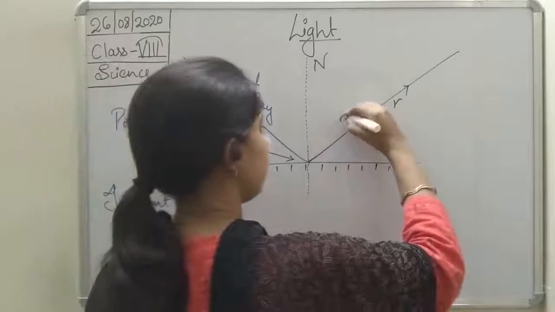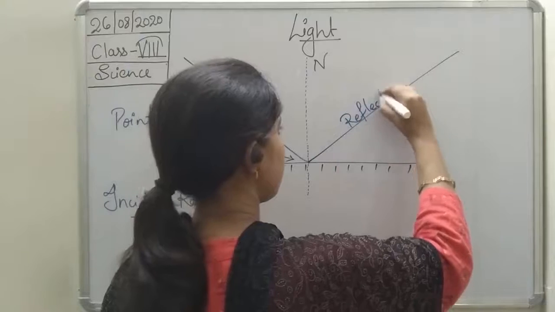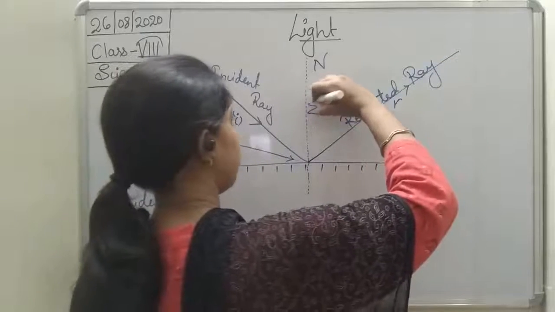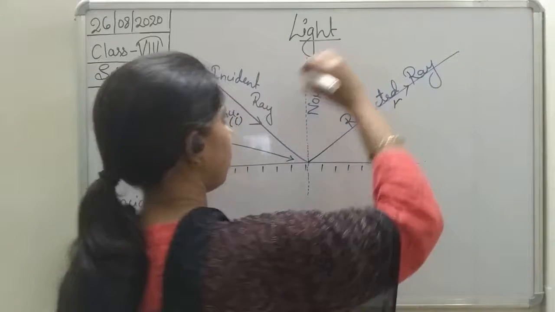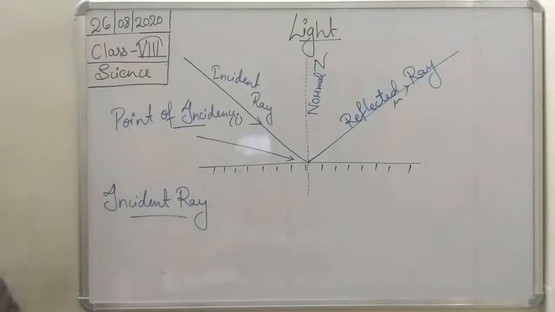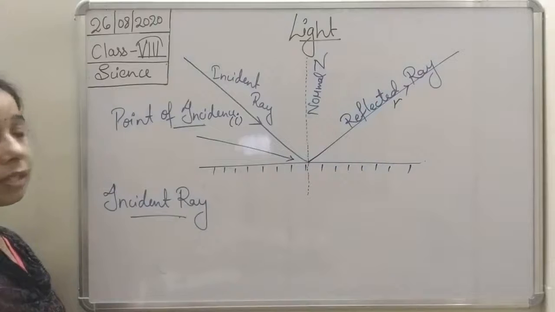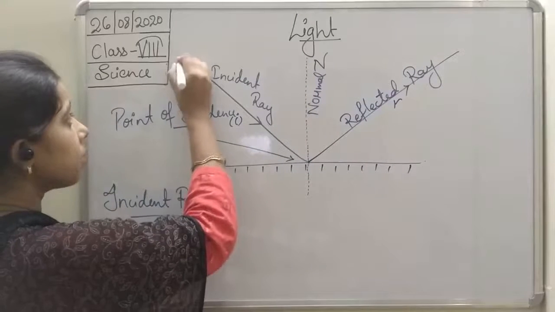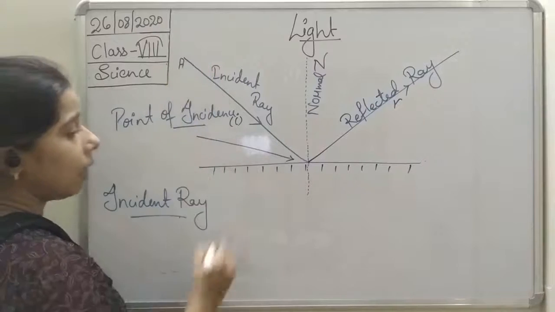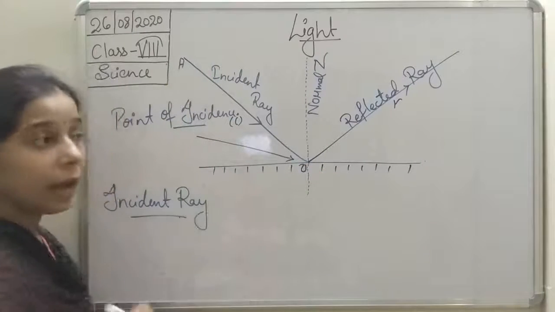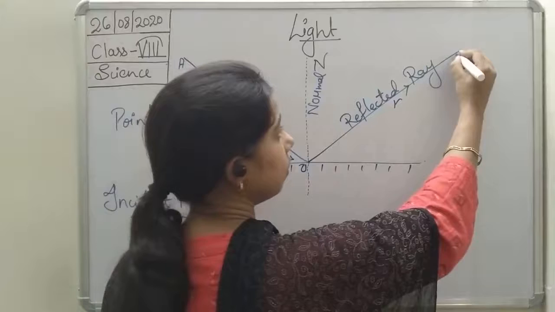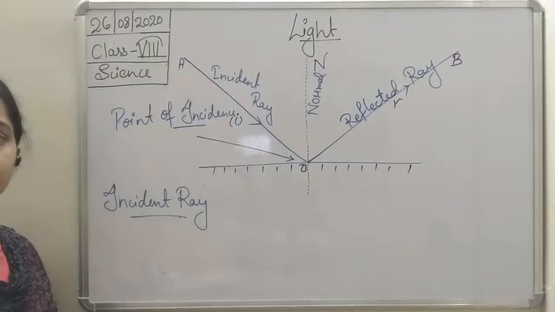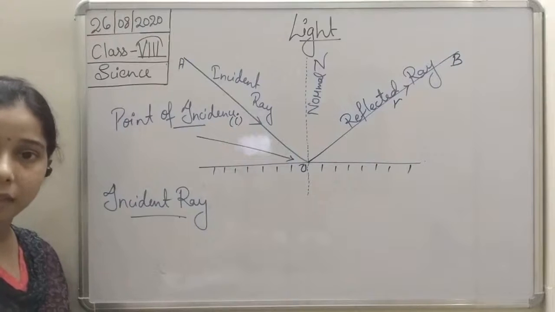Here it is the reflected ray, and this one is the normal. Okay, so one is the incident ray, second one is the reflected ray, other is the normal. Okay, suppose this is A and this is O, and this one is B. We have given names so that we can understand it very easily.